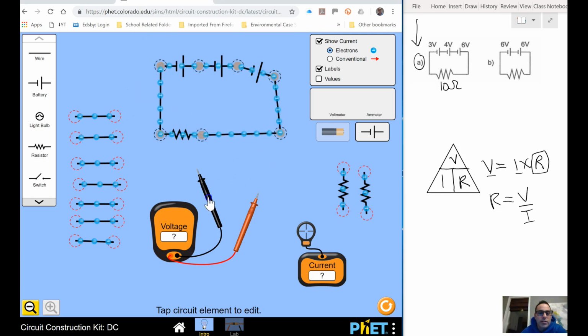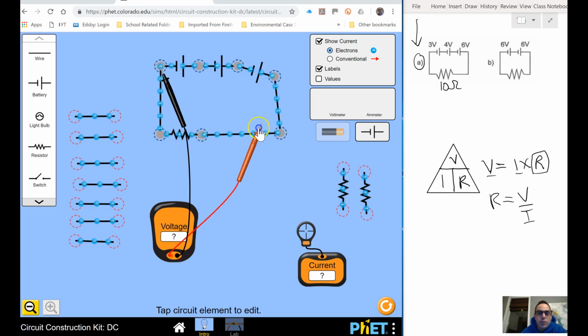And we can take a look at what the voltage drop is across, or what the voltage pump up would be from all those batteries, because the batteries pump up the voltage. And we can see that it's 13 volts. Now, how do we get that? Well, Kirchhoff's law tells us that if we have light bulbs hooked up in series, to get the total voltage, you just add up all the voltages of each light bulb.